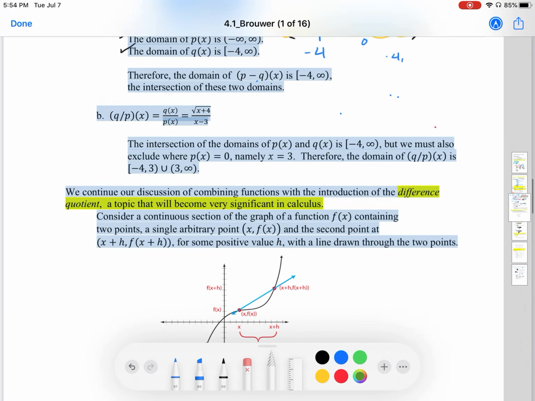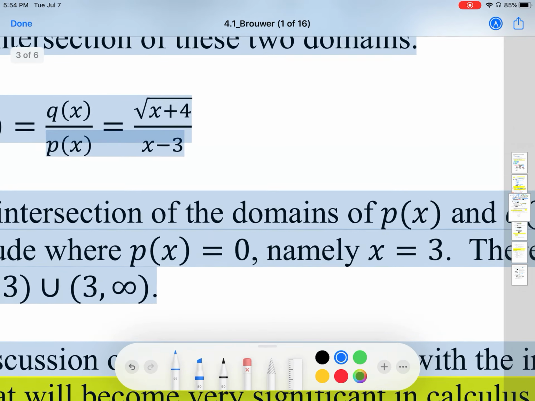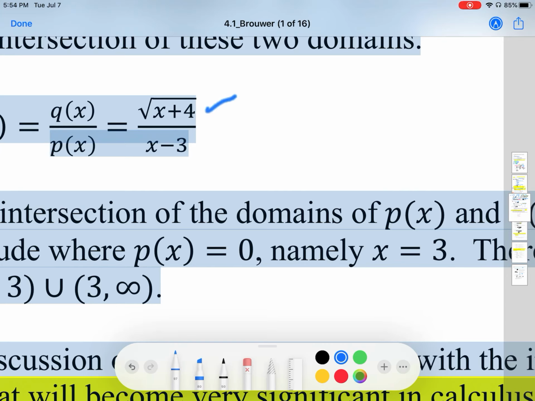All right, let's go ahead and continue. All right, for B, we see that Q over P, we have a division, and we have two restrictions. I have to consider the domain of Q, but I have to make sure our denominator doesn't create a 0. And if it does, we need to find out where. So x minus 3 equal to 0.